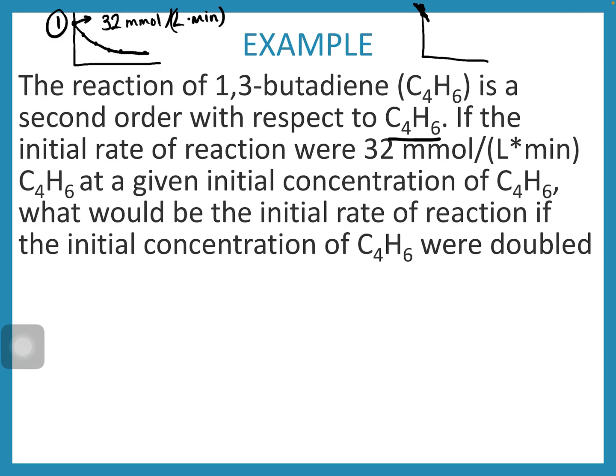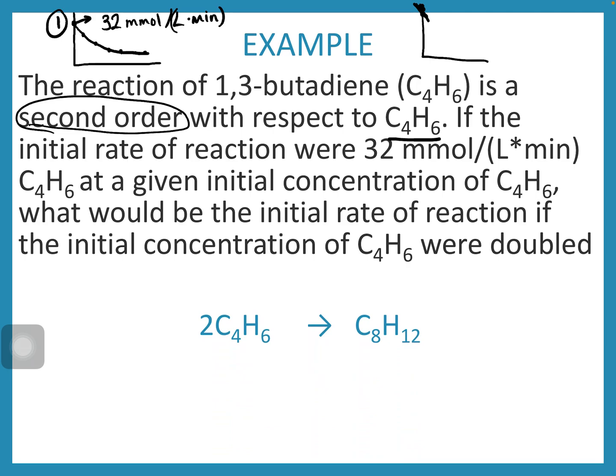So what I know from the question is that we have a second order reaction. So second order means that I have an exponent of 2. So it means that if I double the initial concentration, then I double and double again my rate of reaction.